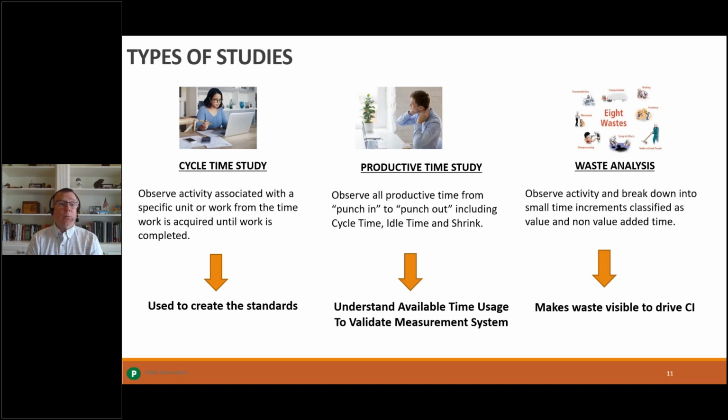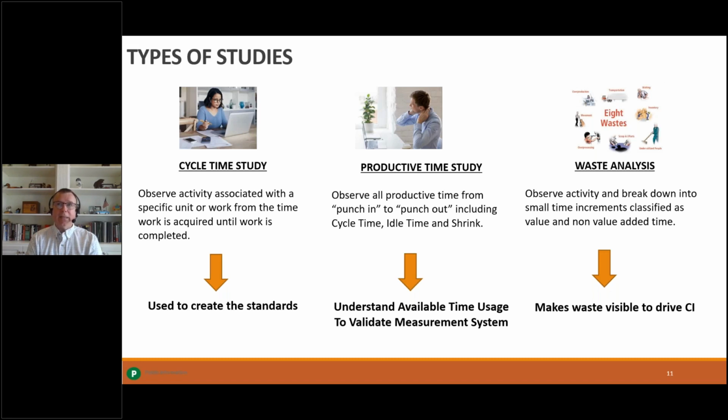Now, frequently when we do those studies, we uncover quite a bit of waste, and the standards that we are producing don't line up with the current capacity planning model. And you can imagine capacity planners are not going to just change their productivity standards based on a single study.